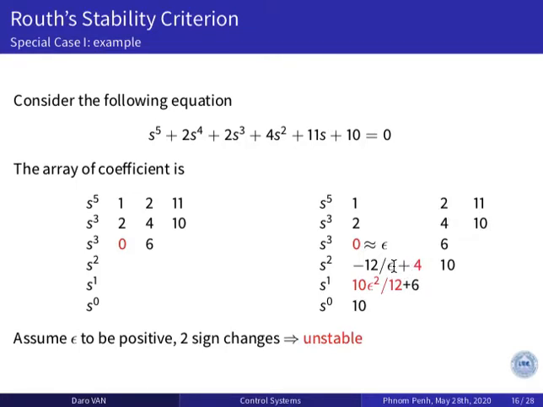Epsilon is very, very small, so you can ignore this 4, because epsilon has already been assumed to be very small. So you can ignore this 4 and continue the calculations. Until this point, this term is very small, so you can ignore it. Only 6 remains, and then you continue the calculations.